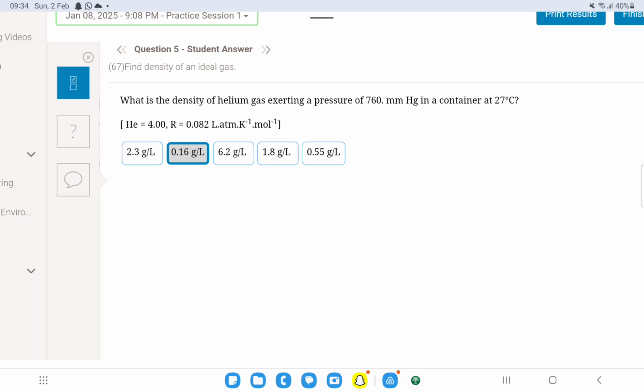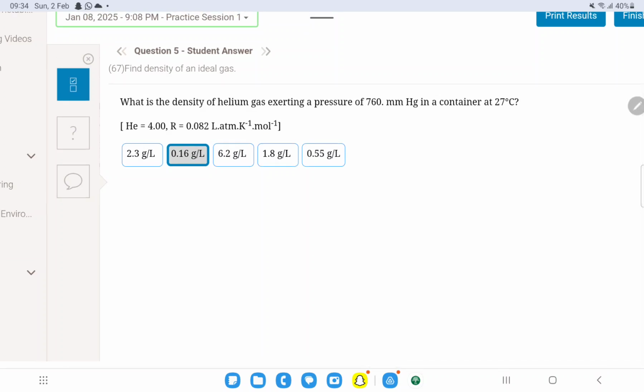There is the other equation, PM equals dRT, R still being the ratio, M molar mass, P pressure, D density, and T temperature. They gave us the temperature, it's 27 degrees Celsius, which is 300 Kelvin, times 0.082 times X for density equals P.